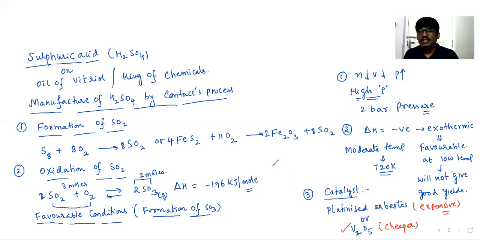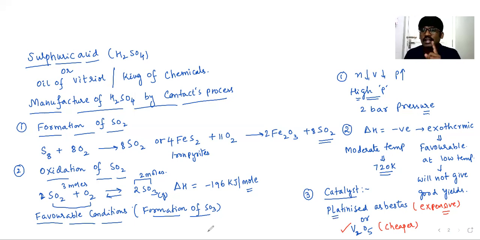There is another disadvantage of using platinized asbestos or platinum. We are manufacturing the sulfur dioxide from ores like iron pyrites, from sulfur obtained from the earth's crust. Whenever we obtain sulfur from the earth's crust in the form of any ore or mineral, it is generally associated with arsenic impurities. These arsenic impurities can easily react with platinum.